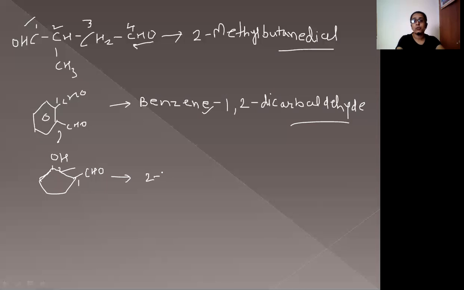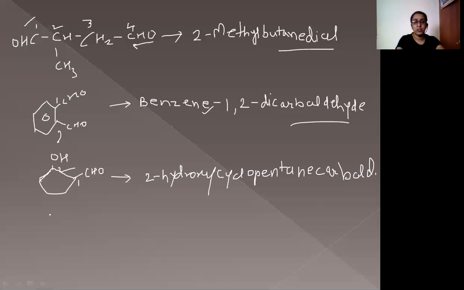So it is 2 hydroxy, and what is it? Ring कौन सी है? Ring का नाम क्या है? It is cyclopentane. 2 hydroxy cyclopentane. E is written ना, E replace नहीं करना है आपको. Cyclopentane carbaldehyde. Just complete it. Carbaldehyde.